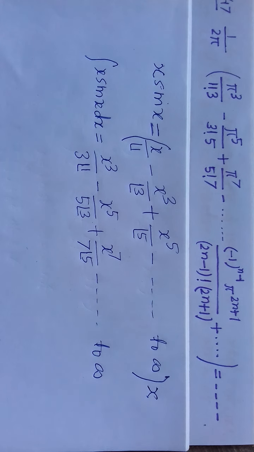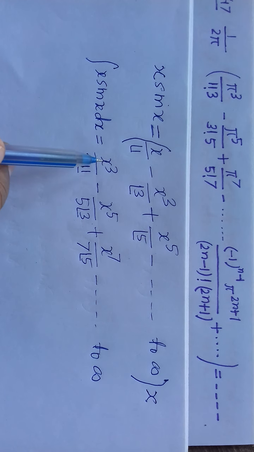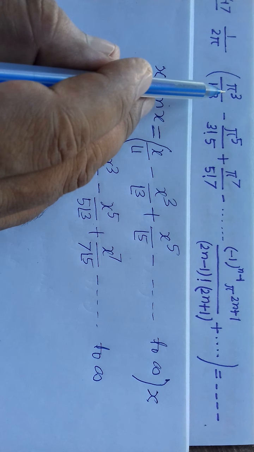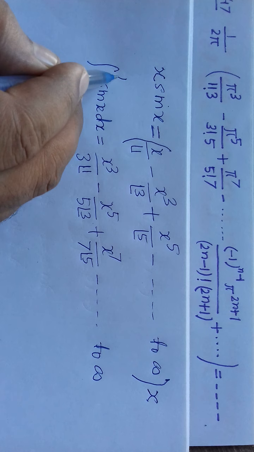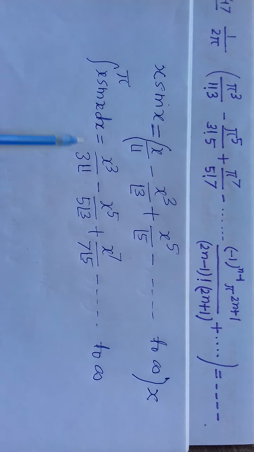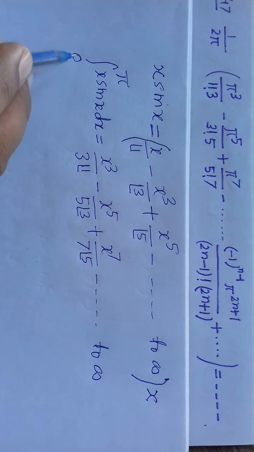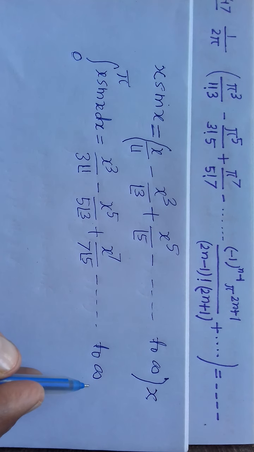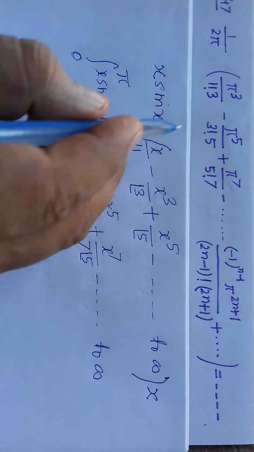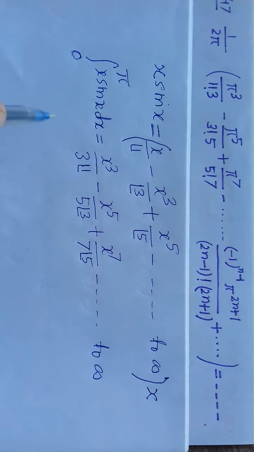Now we have to put the limit. You see that at the place of x there should be pi. So one limit will be pi and the other, lower limit, we have to put 0 because this 0 makes the whole thing 0. It remains only pi, which is here. So this is according to this series.